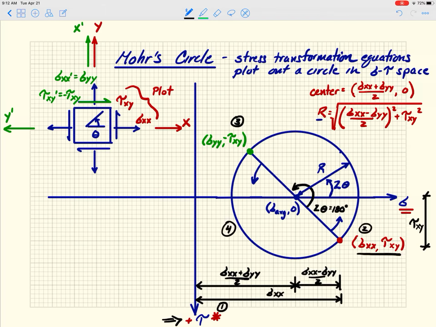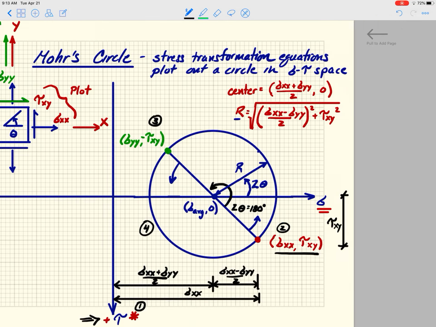And then there's a lot of questions that we can answer with this circle, right? And I will label some of these things next time. But that's effectively what we are doing to get the Mohr circle.